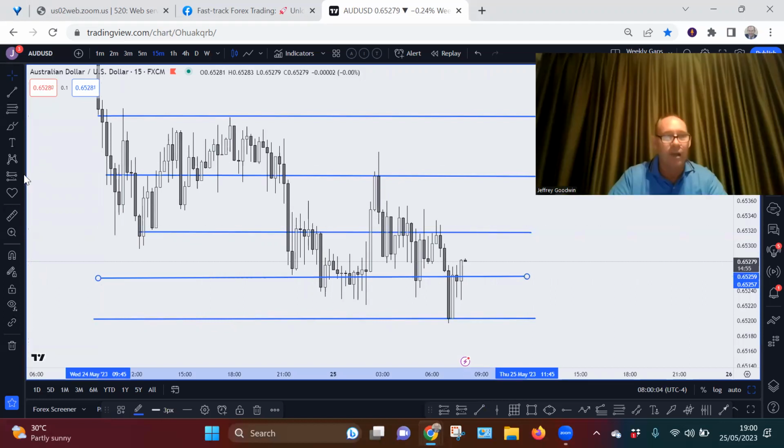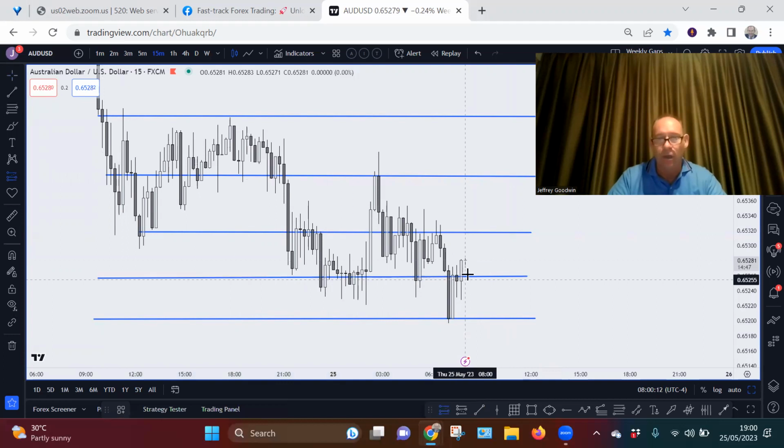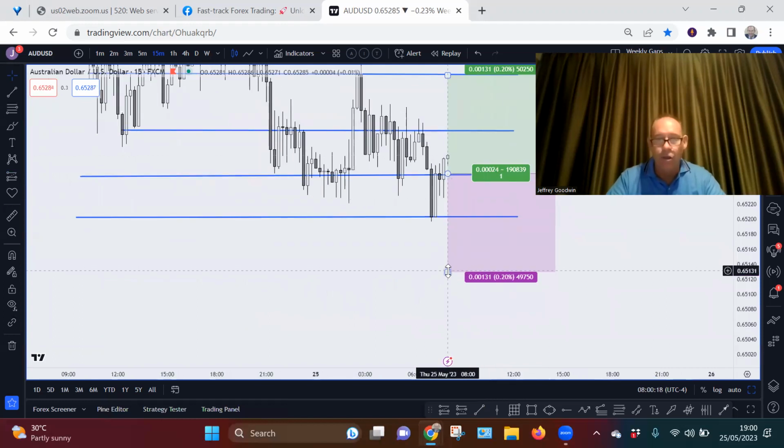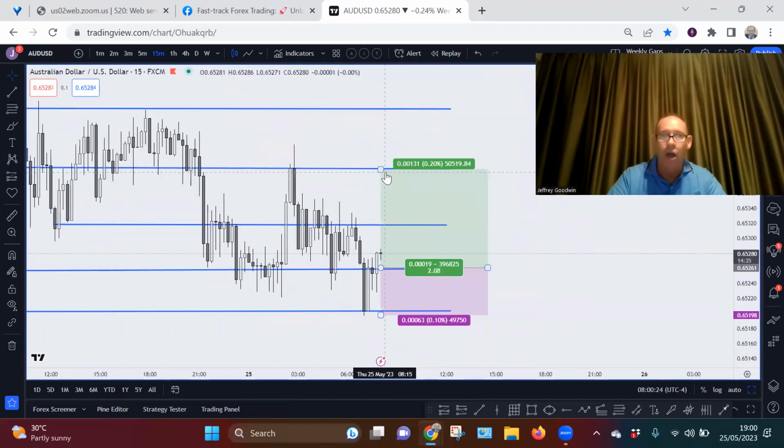Okay, so let's say an example. We'll go along, hit the bottom here. But let's do it from here. We're expecting to go to there, right? So whatever risk you put in is the risk. Let's say I want to risk 1%. If I have £100 or $100, just use that number.